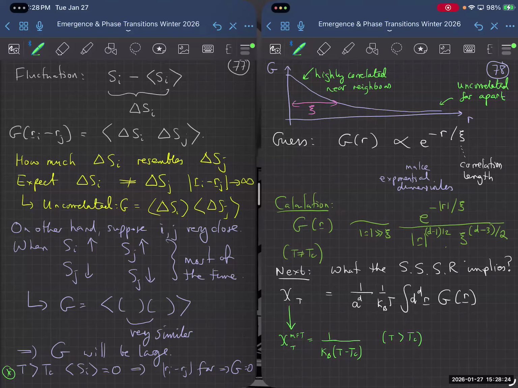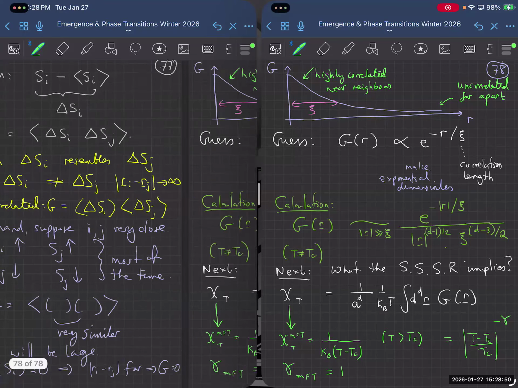And you got the same result, different coefficient, right? You got a factor of 2 different. Everybody get that? Okay. If you didn't, we'll correct your homework for you. All right, so what that means is that this thing diverges with an exponent minus gamma, and gamma in mean field theory is equal to 1. All right?